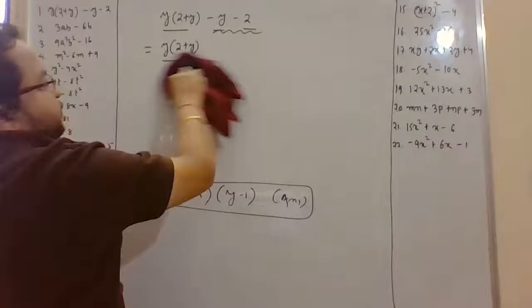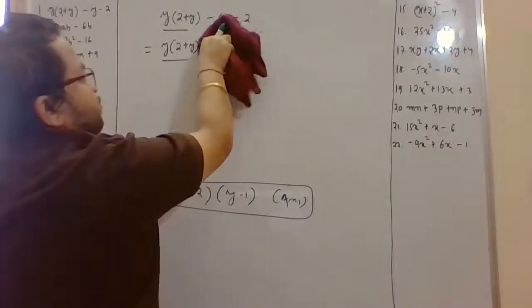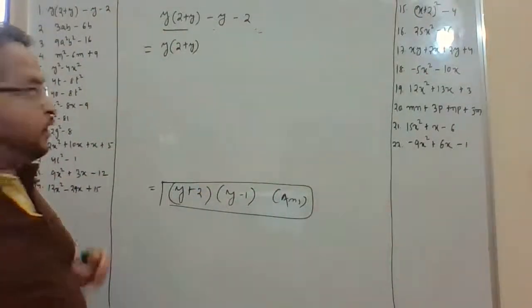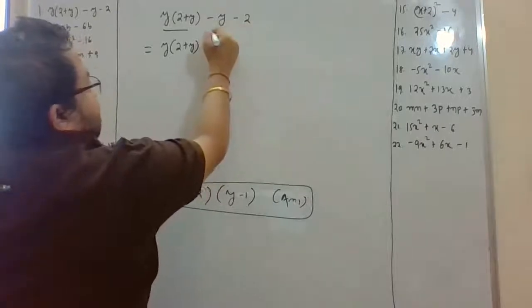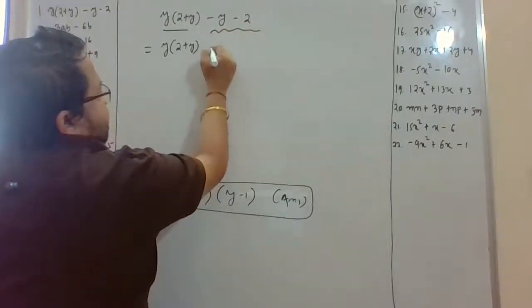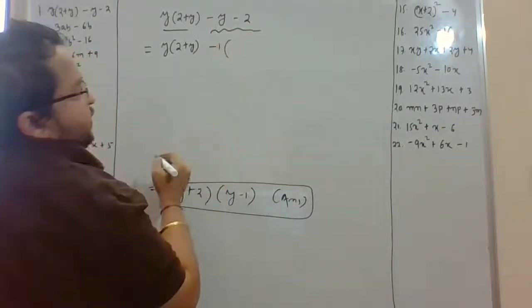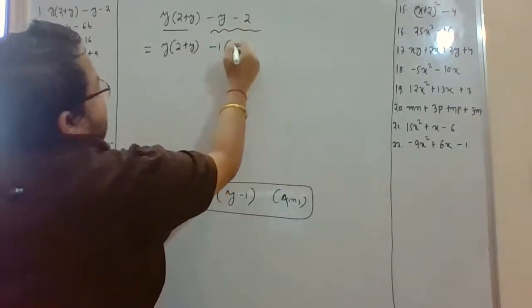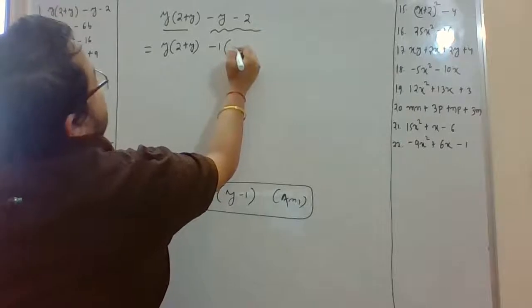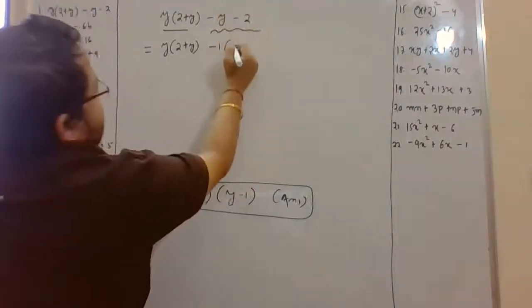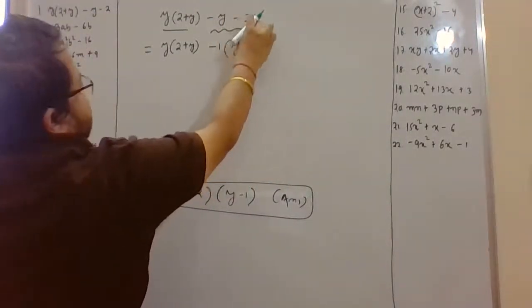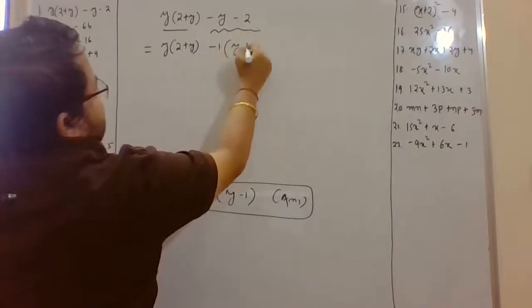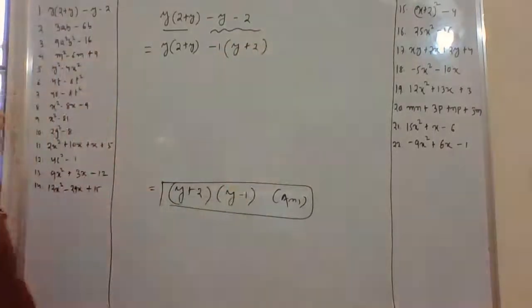If you notice, when you have minus y minus 2, if I take minus 1 as the common factor between these two terms, then minus y by minus 1 is obviously plus y, right? And minus 2 by minus 1 is plus 2, right?